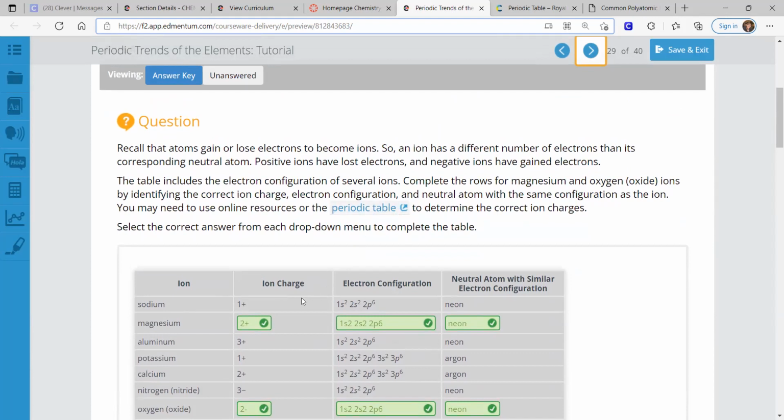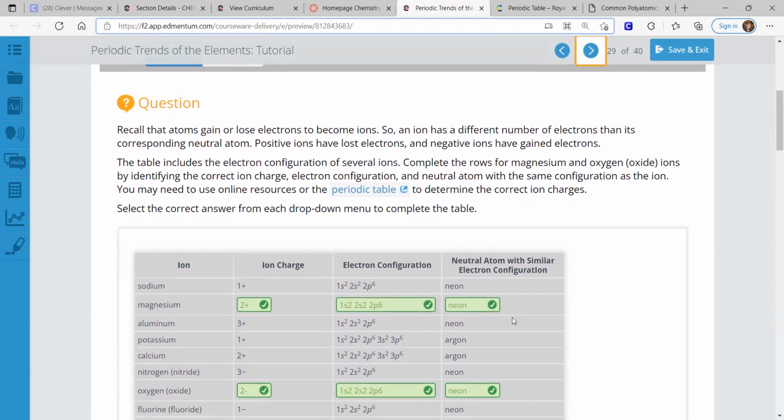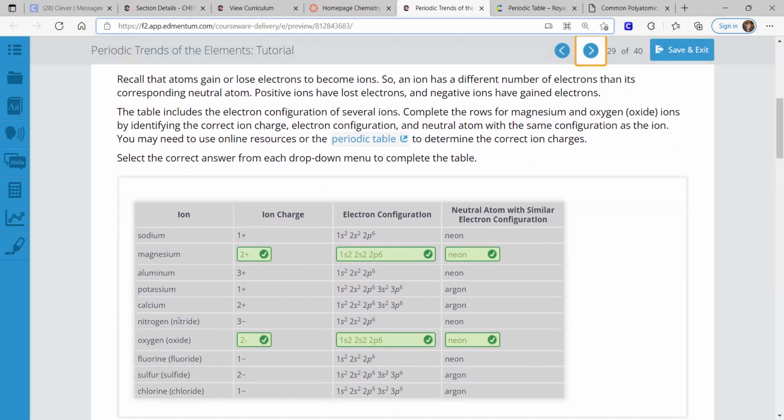Sodium, +1 ion charge. Here's the electron configuration. Neutral atom with similar electron configuration. That means the octet rule: they're trying to have an outer shell like a noble gas, because noble gases are stable. Sodium is trying to lose an electron to become like a noble gas, like neon.